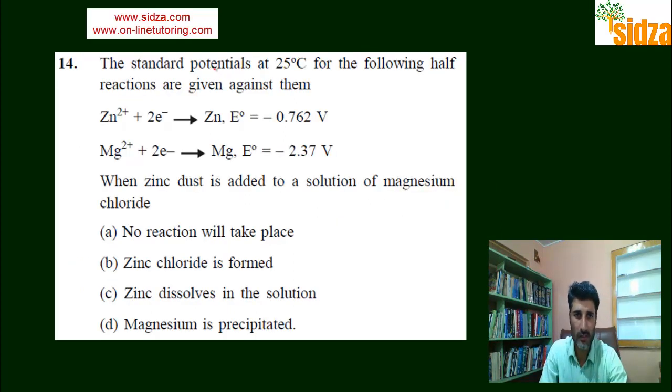The standard potentials at 25 degrees Celsius for the following half reactions are given. So we have the reduction potential, the gain of electrons, of zinc and magnesium.